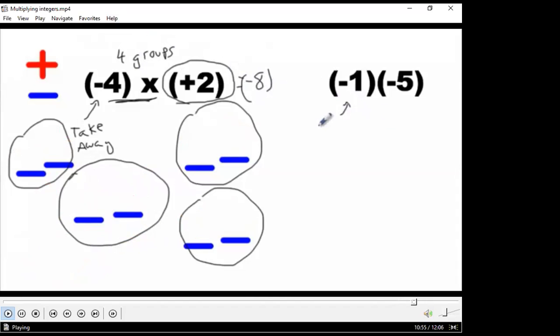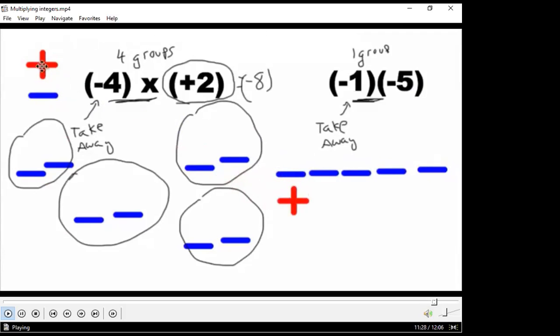Let's move to the last one. Negative 1 means take away. Okay? So this one, I'm looking for only 1 group. And I will fill this group with 5. But the first one was negative, so we will use 0 pair. So this is 1, 2, 3, 4, 5.